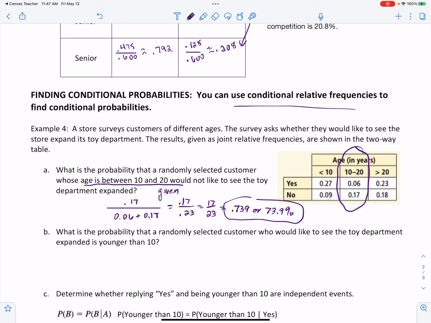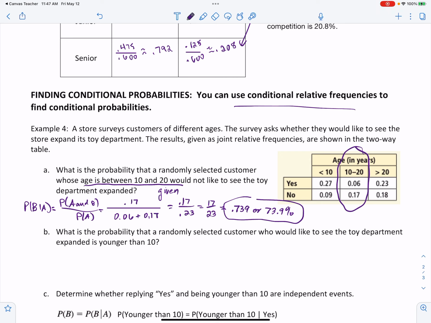And this is actually the probability of A and B over the probability of A, which is that conditional formula for the probability of event B happening given that A has occurred.